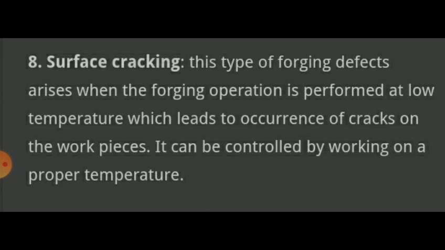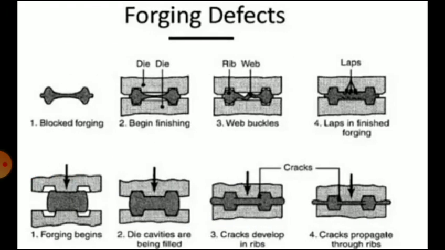When the forging operation is performed at low temperature, it leads to cracks on the workpieces; this can be controlled by working at a proper temperature. You can see in the first diagram there is a lapping, and in the bottom diagram, cracks propagate through the ribs.